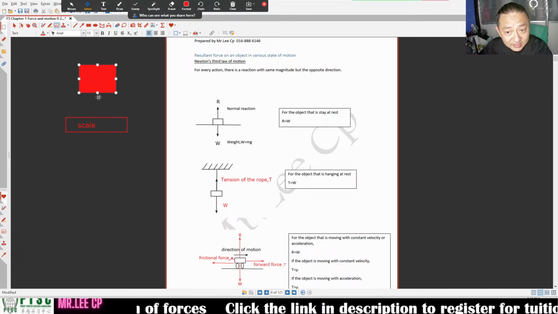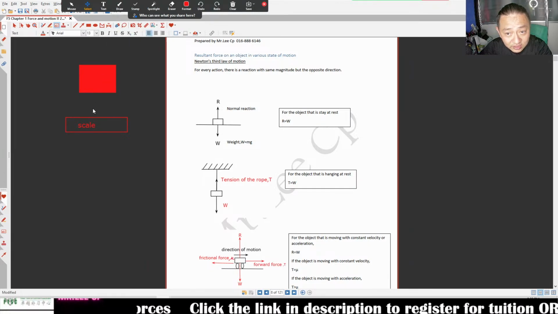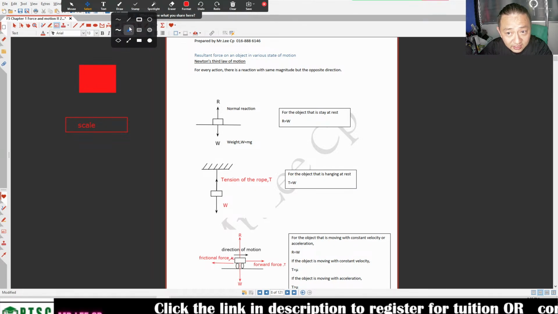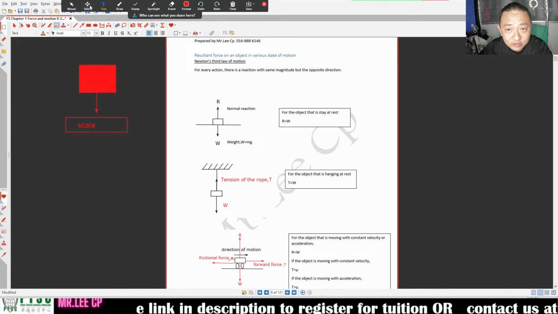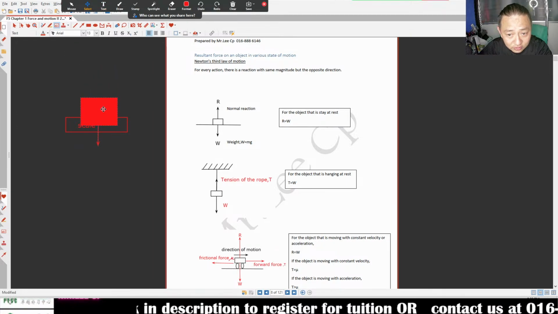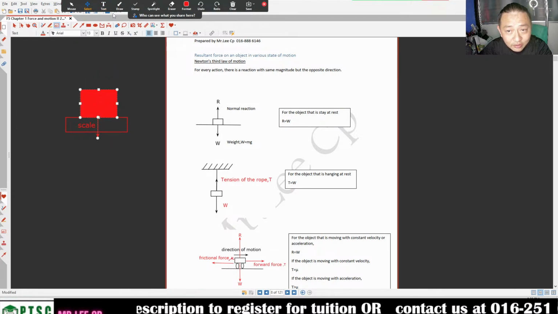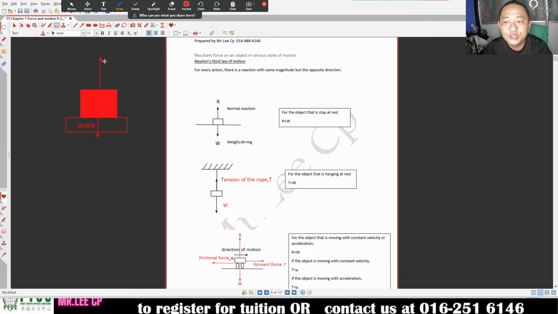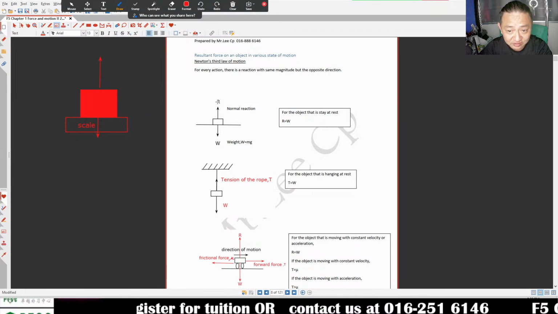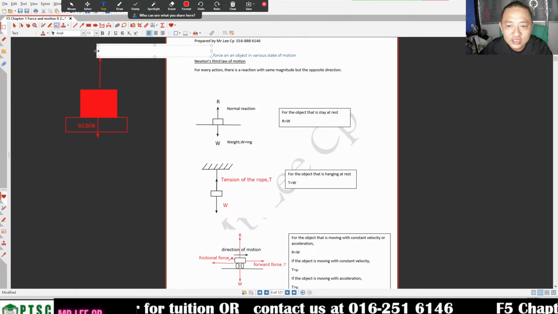Let's say this object is 10 Newton. Then this 10 Newton will act on the scale, so the scale will give me one reading back. How much? The reading of the scale is the reaction, or 10 Newton.